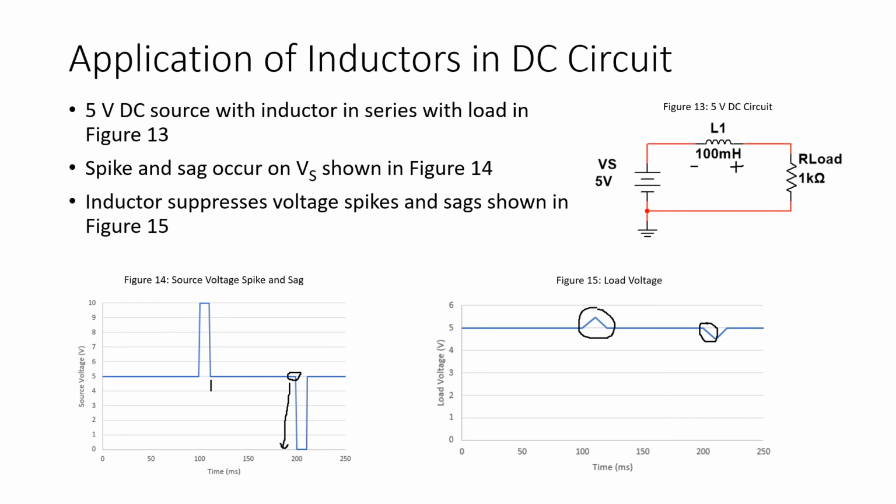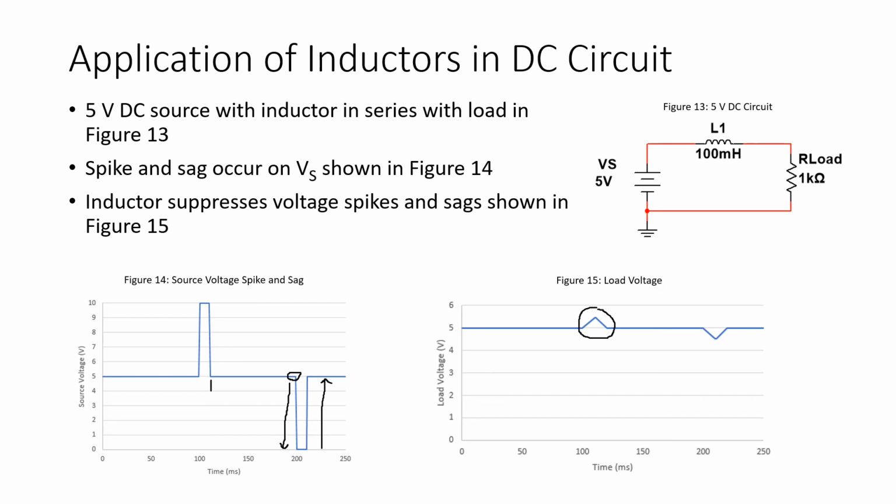Then, when the voltage goes from 0 volts back up to 5 volts, the magnetic field will expand rapidly. This will induce a voltage of the opposite polarity and smooth out the voltage supplied to the load.